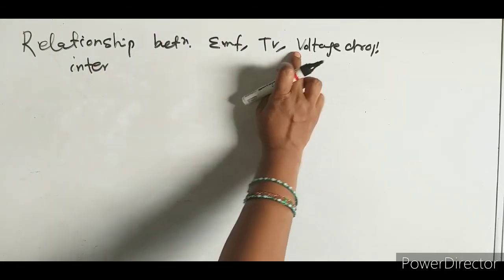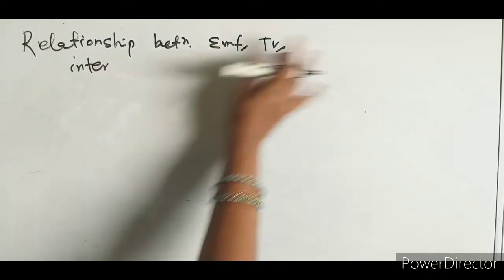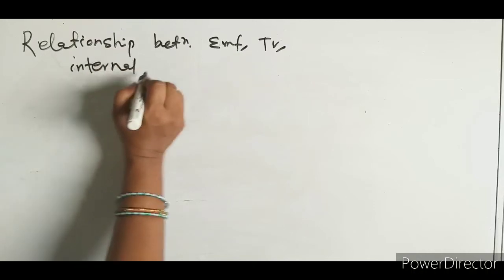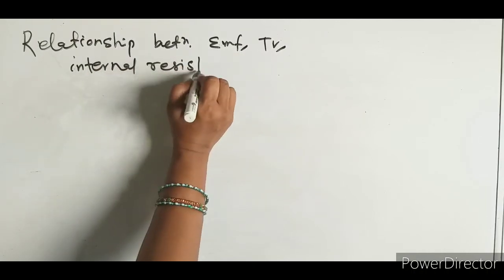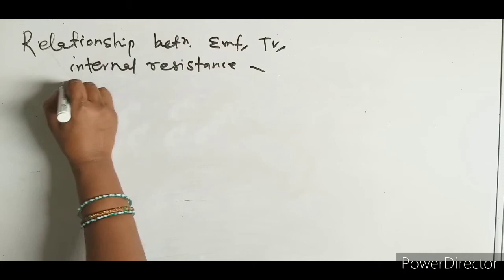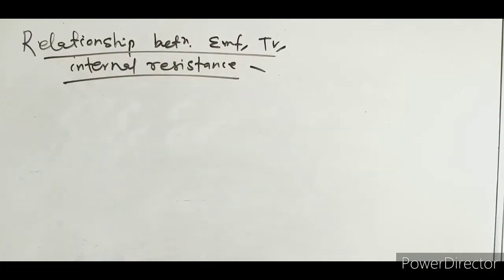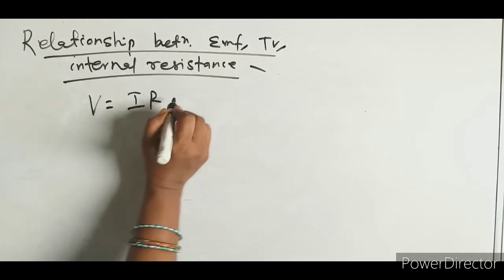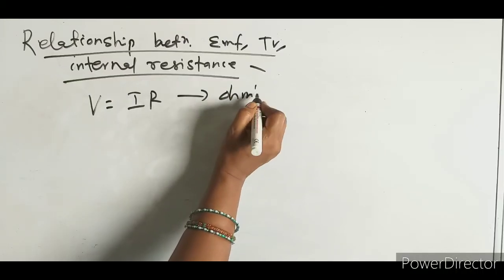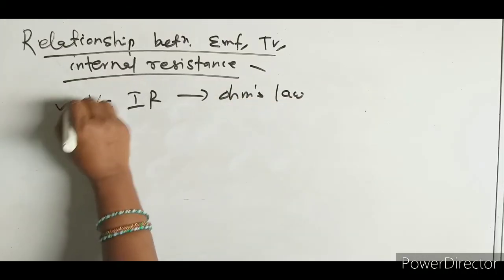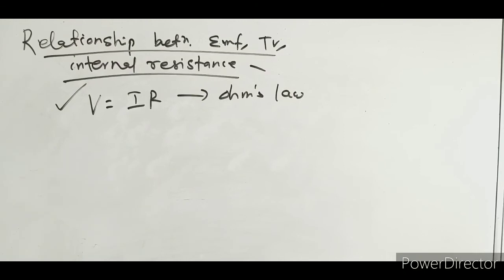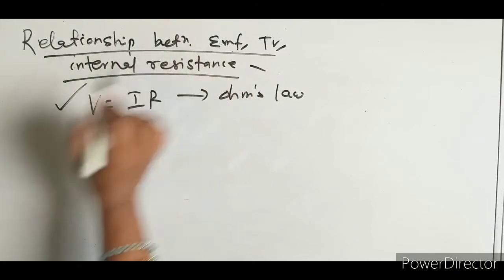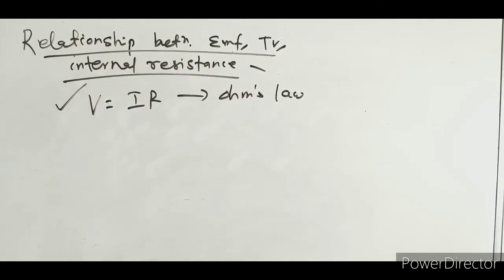Terminal voltage and voltage drop we have discussed already, and internal resistance. Clear? So the easiest way to remember all these things is that one important thing I had told you: V equal to IR. This is Ohm's law. You keep this one in mind. Okay. Now we are going for the EMF relation.